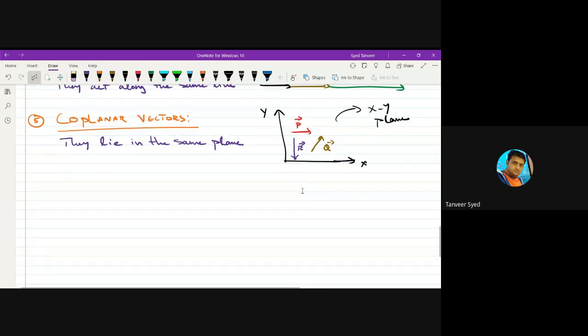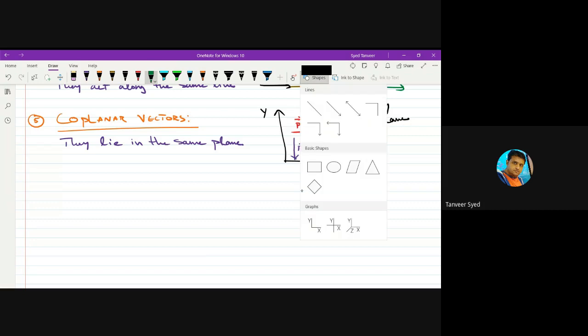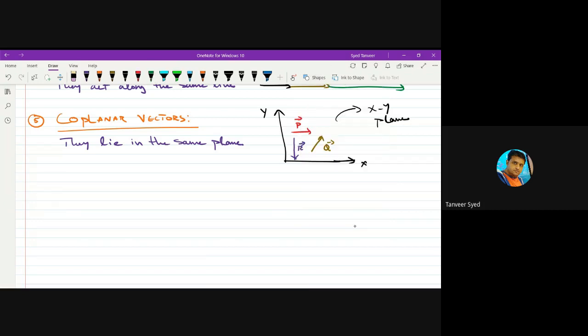Then what are non-coplanar vectors? They lie in different planes. If I take an XYZ coordinate axis like this, this is the x-axis, this is the y-axis, this is the z-axis. The x-axis is horizontal, left to right. The y-axis is vertical.